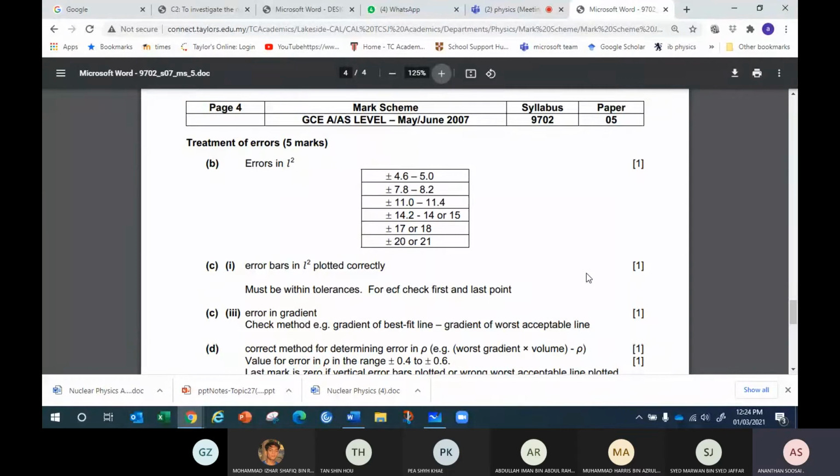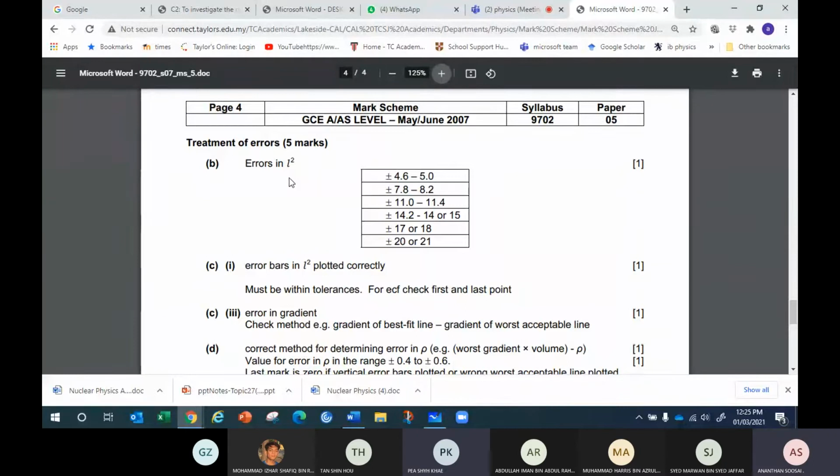Okay, error of L squared. Anyone got a different value? No, teacher, the value I got is all of the values times 2. You got times 2? Yeah, I got 2 times the error, like for 4.6, I got 9.2. It's the error of L squared, right? Yes, I used the maximum minus the actual method.